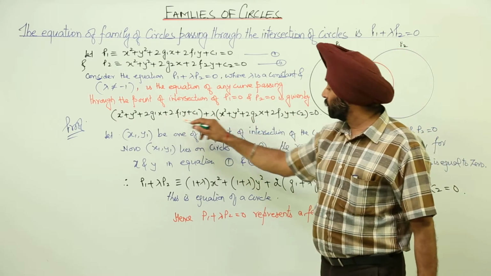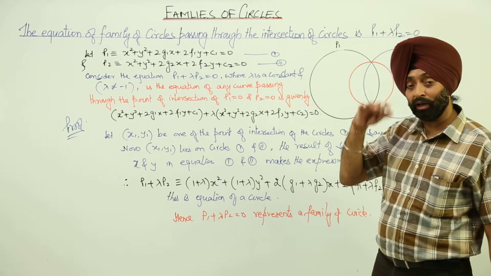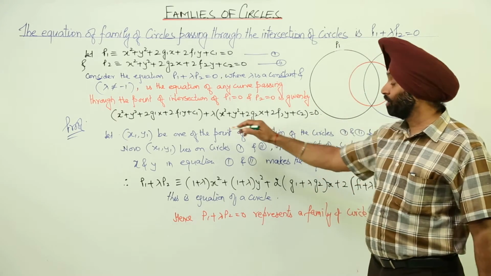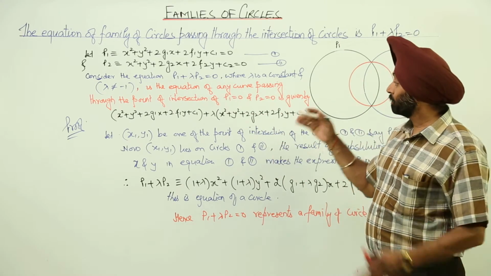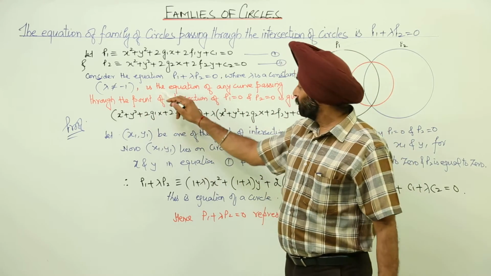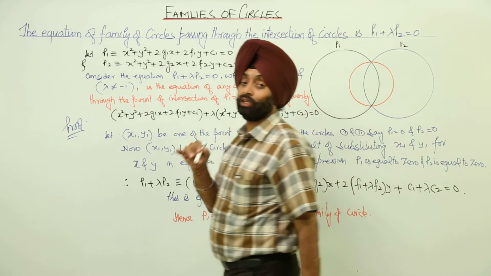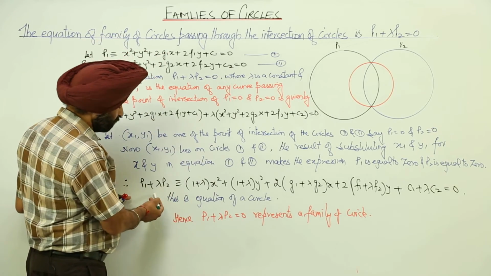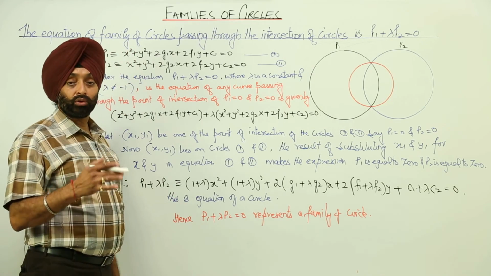We will be left with a simple equation of first degree. When it is of first degree, it becomes the equation of a line. Then this whole thing will be wrong. It will not be any curve, it will simply be the equation of a straight line. So this equation P1 plus lambda P2 is equal to 0 gives us the equation of a family of circles.